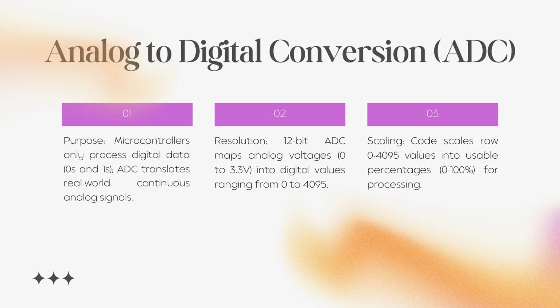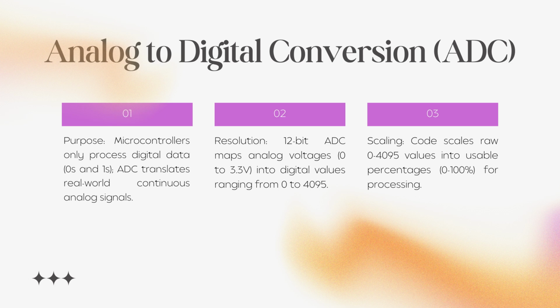The real world is analog, but our STM32 microcontroller only understands digital language, that is, zeros and ones. When I adjust a potentiometer, it outputs a voltage varying from 0 to 3.3 volts. To read this, we use the microcontroller's internal ADC, or analog to digital converter.